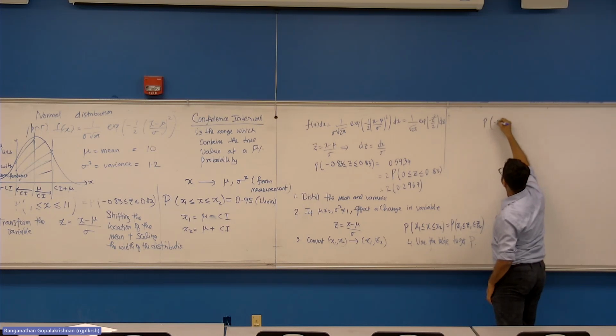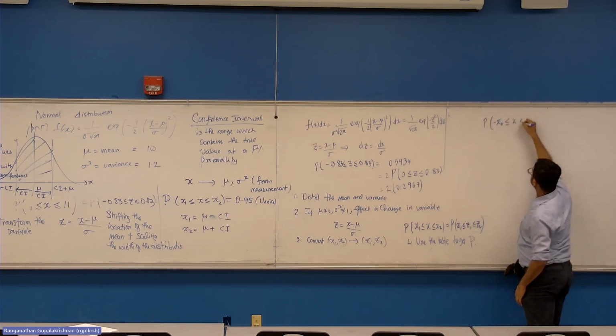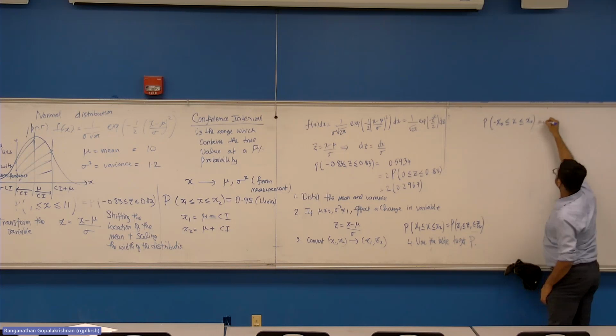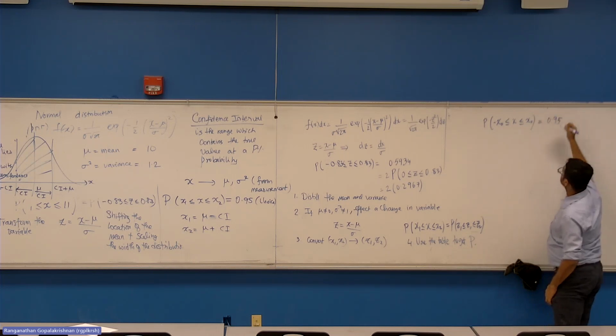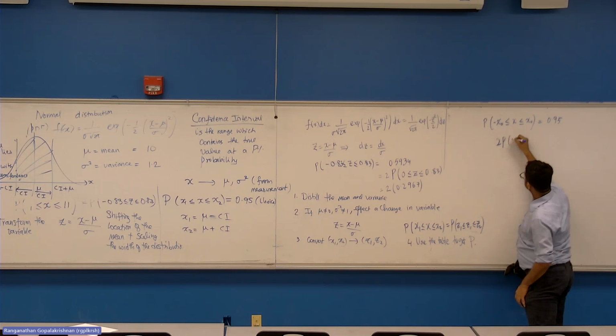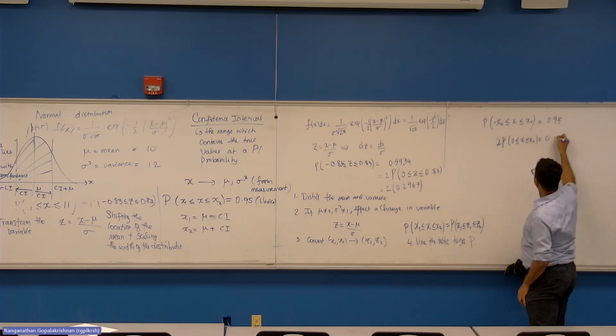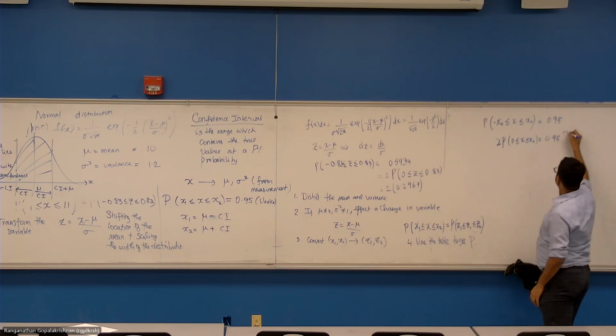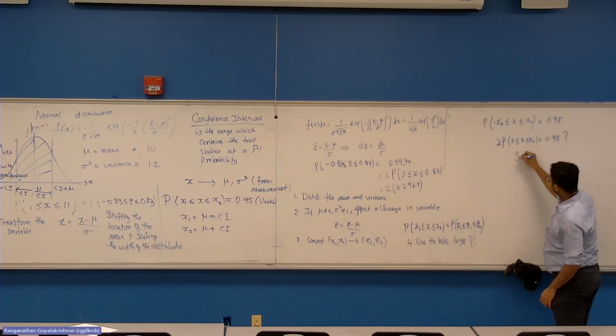Say minus x naught to plus x naught, which is equal to 0.95. Go the other way. That is, find what value of x naught gets you 95% probability. Solve for x naught.